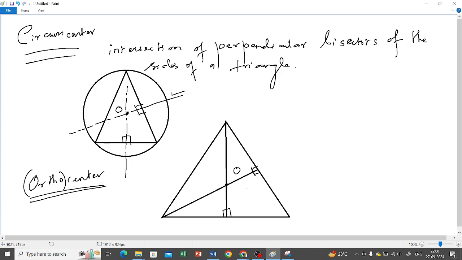Okay? Orthocenter, intersection of altitudes of a triangle. Understood? Orthocenter.